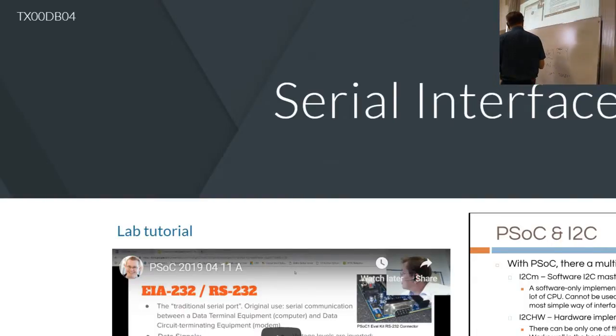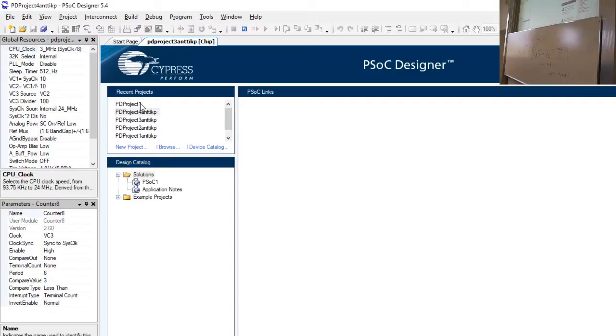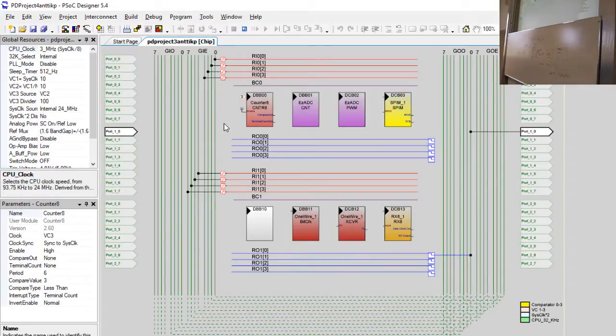Then another thing about this UART, maybe I should actually show that one in the PSOC Designer. There, and take one of those projects. Let's see.